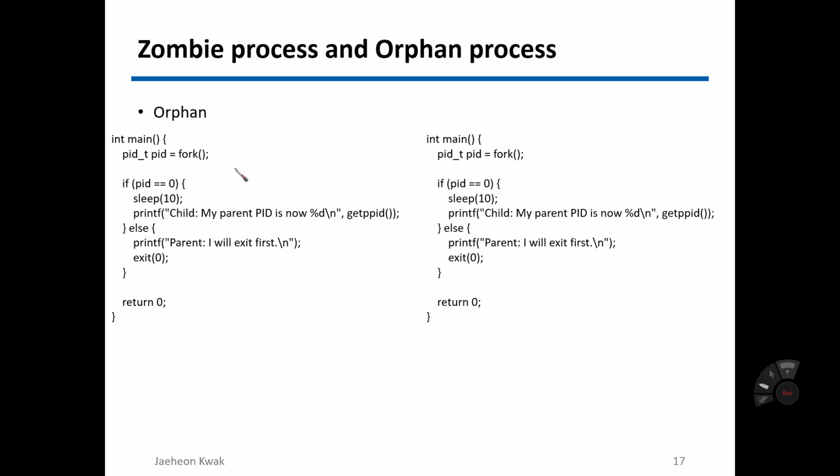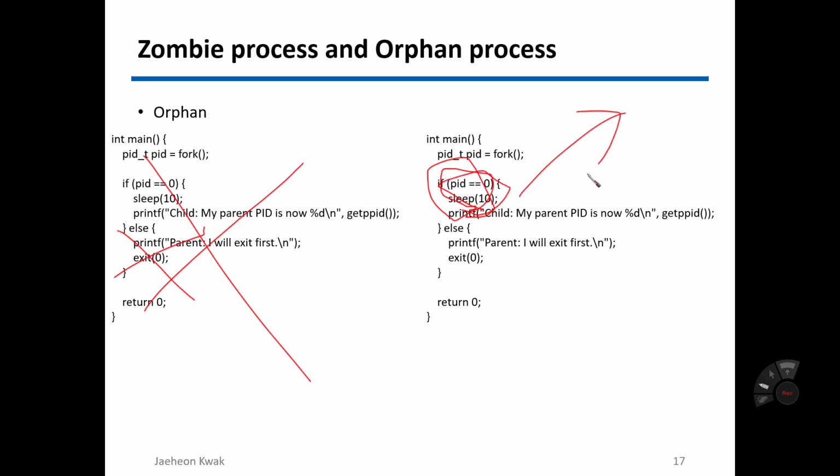So during the child process's 10 seconds of sleeping, the parent process is terminated. So during these 10 seconds, this child process doesn't have its parent process. So it will be adopted by init or systemd, which are kernel processes.